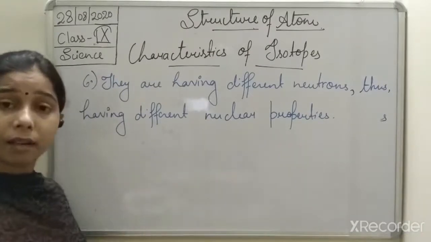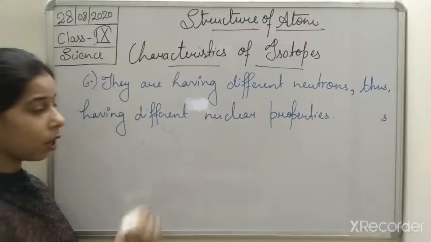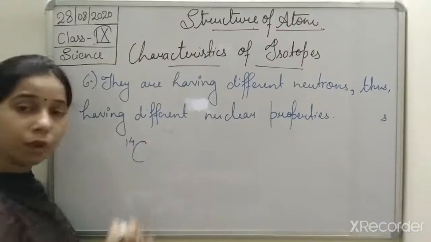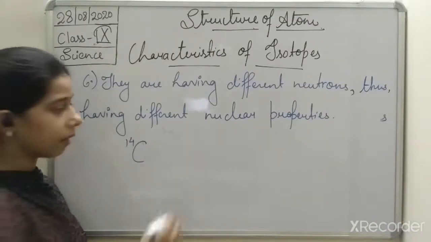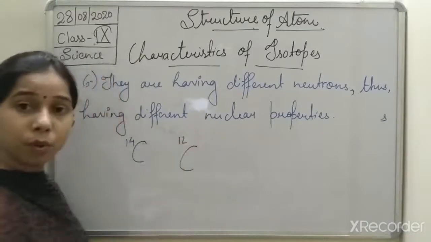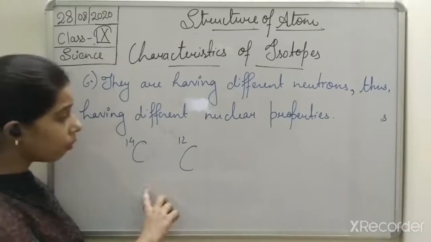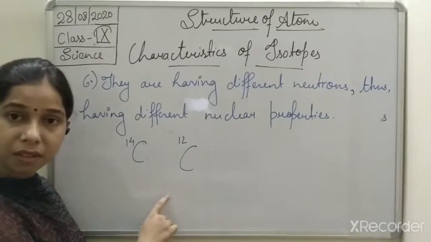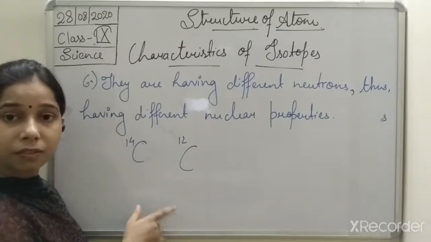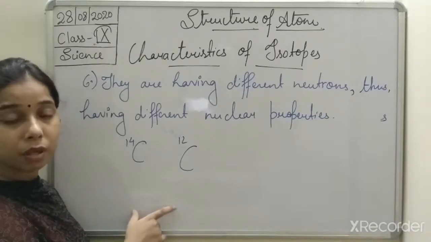So like what, students? The radioisotope. You have seen carbon 14. Carbon 14 and carbon 12 are different from each other just because of the number of neutrons. So they differ from each other by the number of neutrons.